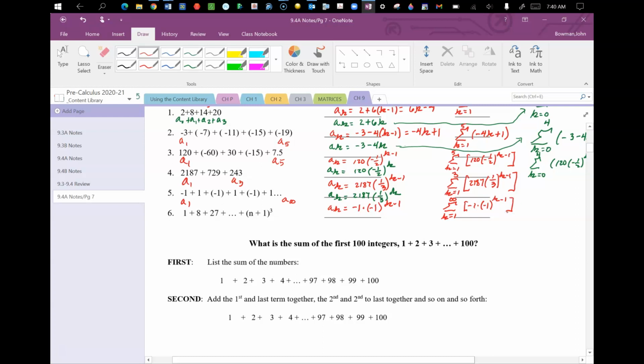And then our last one is neither an arithmetic or geometric series. Our first term, a1, is 1. And if we try to count out the terms, we don't really know how many terms there are. So this gets a little bit tricky, and we need to think carefully about this. The explicit rule is basically we're going to take our index value, add 1 to it, and cube it.